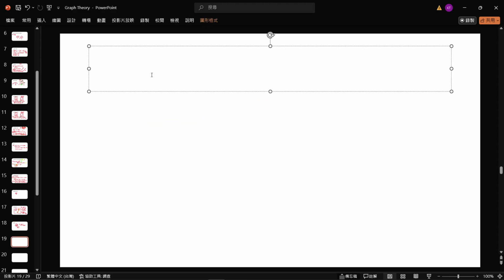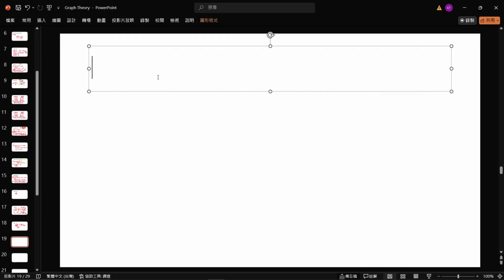The first interesting question that we're going to consider is the relationship between being an acyclic graph and the smallest degree in the graph.